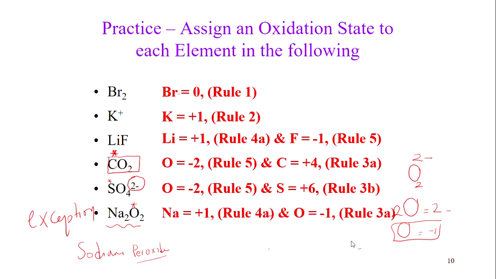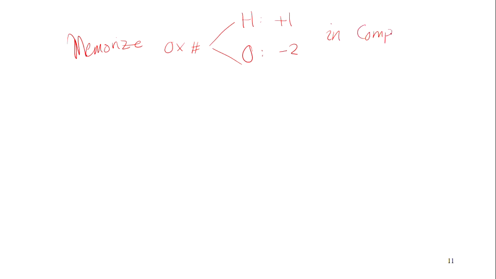But to simplify that for you at this level, I'm going to ask you to memorize the oxidation numbers of these two, hydrogen and oxygen. Hydrogen is +1 and oxygen is -2 in compounds and ions.